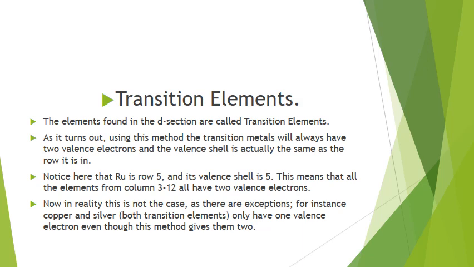Now, in reality, that's not always the case. For instance, copper and silver don't really have 2 valence electrons. They only have 1. But we're not going to worry about the exceptions. So all transition elements will have 2 valence electrons. And if you look, you could maybe figure out why that is.